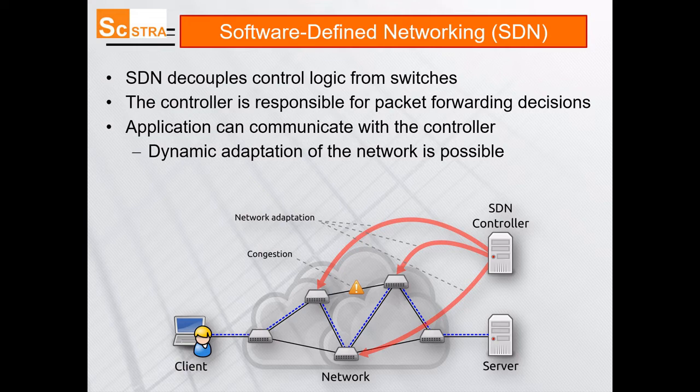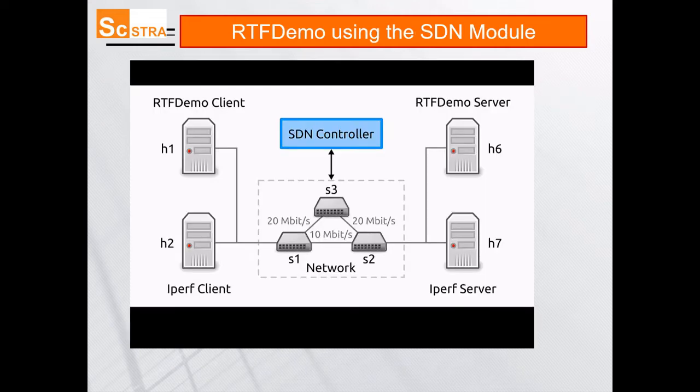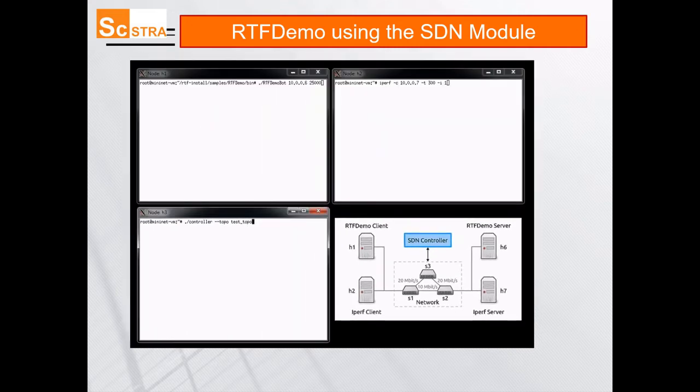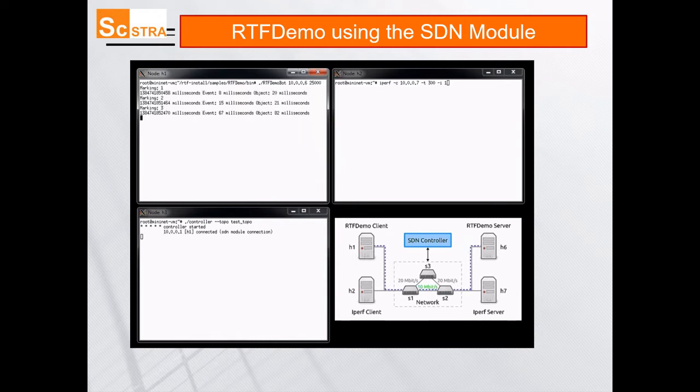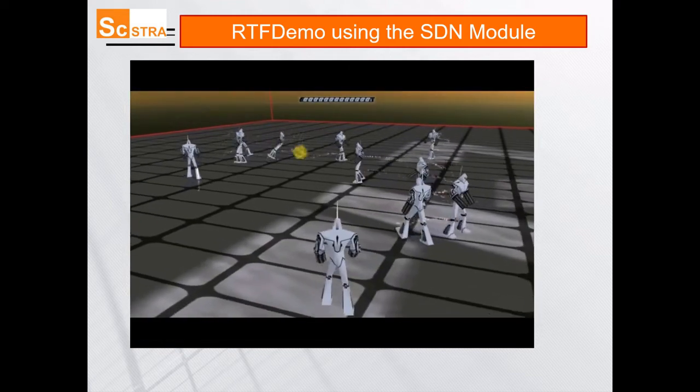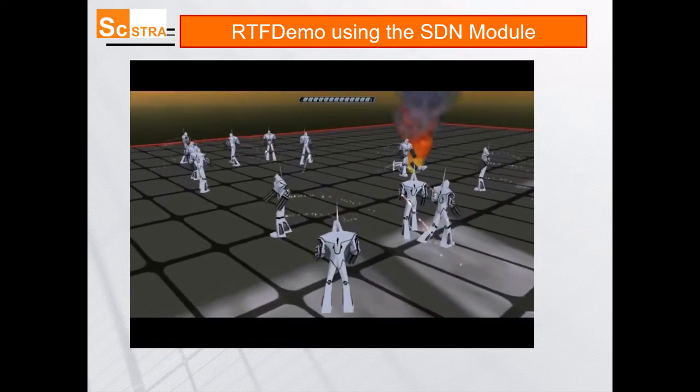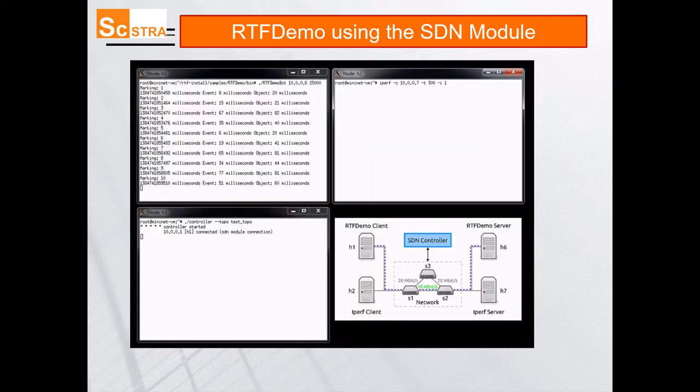And so now we can also look at a small demonstration, which is based on the demonstration I showed you already with the game with robots, you remember, which were burning and shooting. And now we have this situation with a client with several servers, and these clients are responsible for the robots.